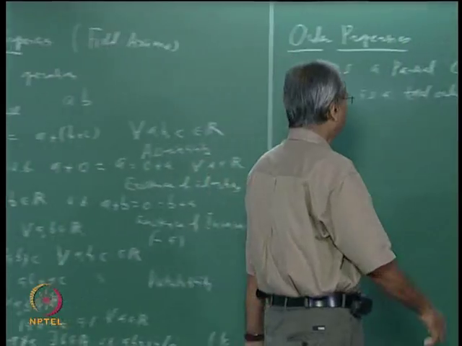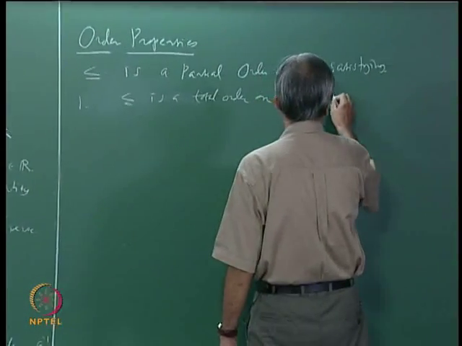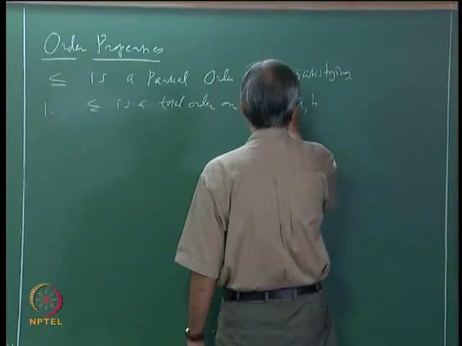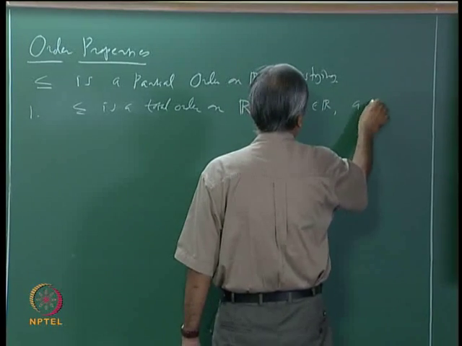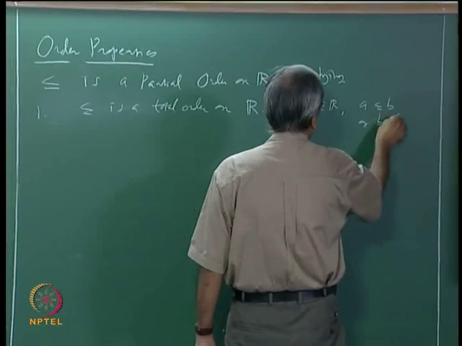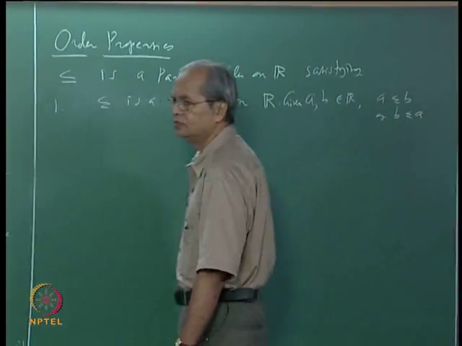Let me again recall what this means: given any two real numbers A and B in R, A is less than or equal to B or B is less than or equal to A.